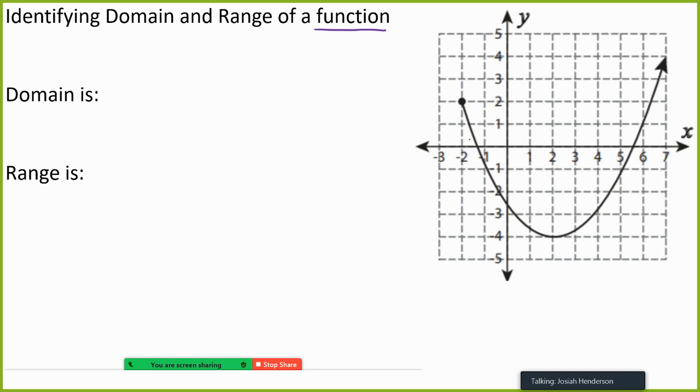Let's talk about the domain. Now this time, it's capped off right here. Stopped. Bounded. It's bounded right there. So that means it doesn't continue forever to the left. So if I'm asking about how far left and right this graph goes, think about it this way.